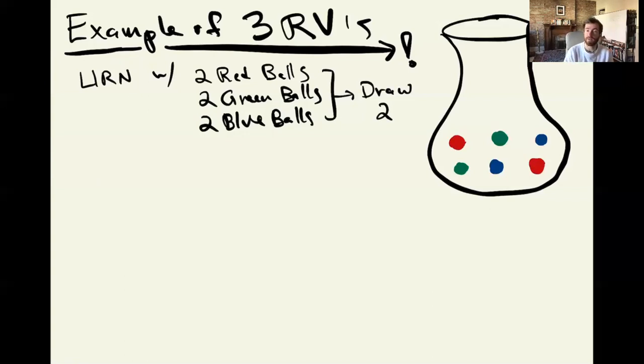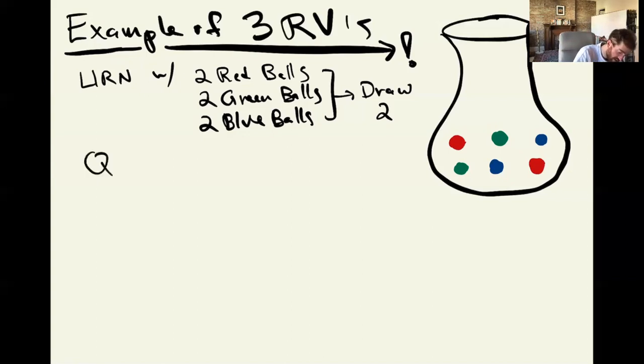You might ask yourself, how would I write down the joint PMF for the number of red balls, green balls, or blue balls in a draw? Because when I draw 2, I can get 2 of a different color, but also the space of colors is of interest. It's sort of multivariate.